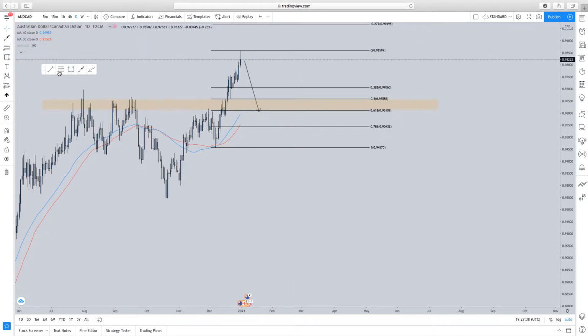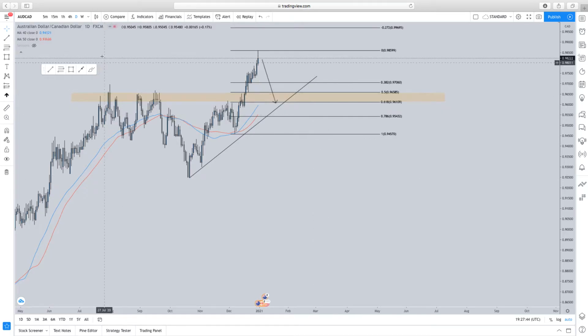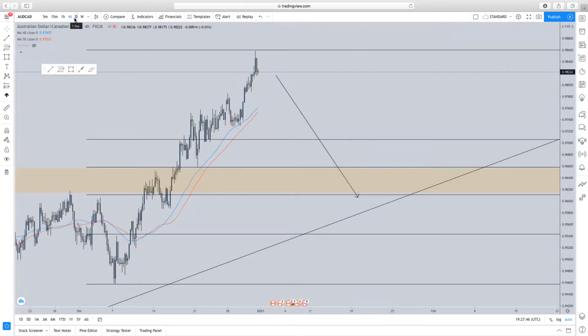You can also put another trend line in. So I'll be looking for sales here, depending on how the market opens. Something like this might appear.